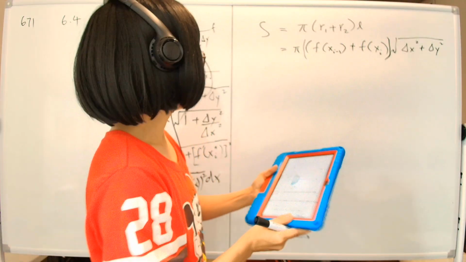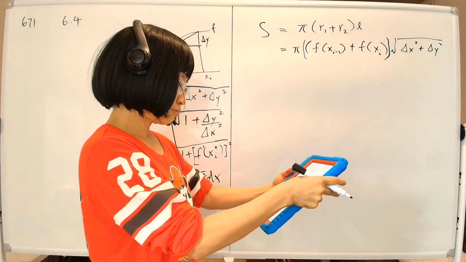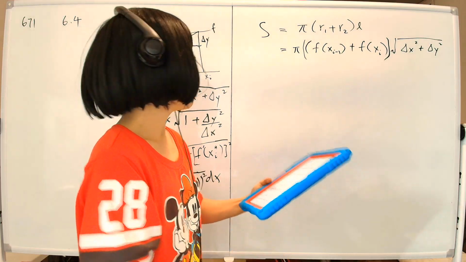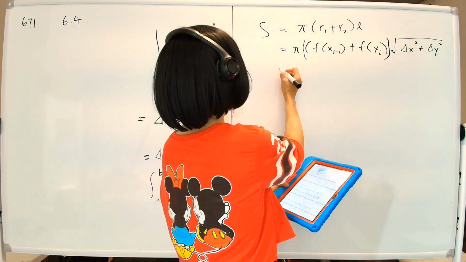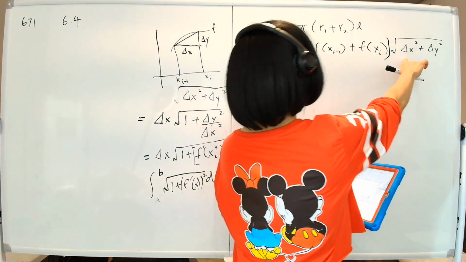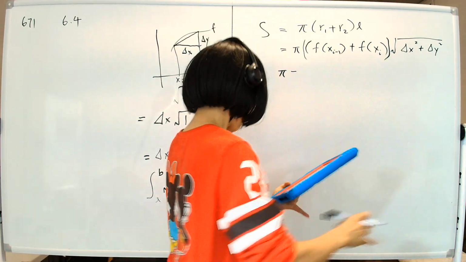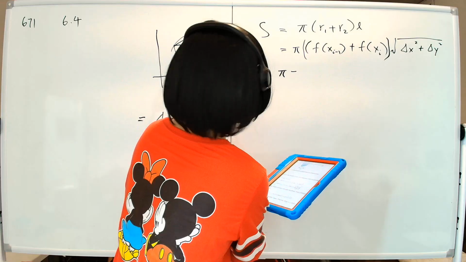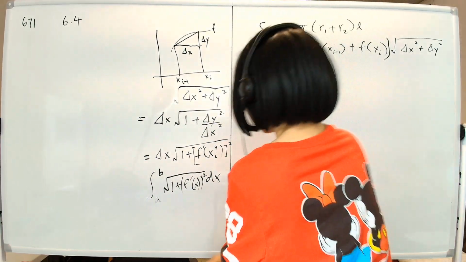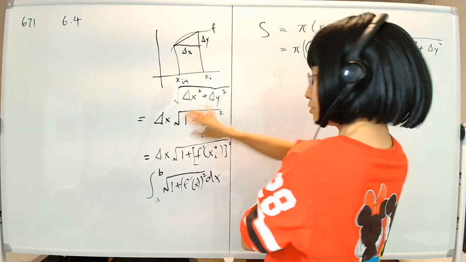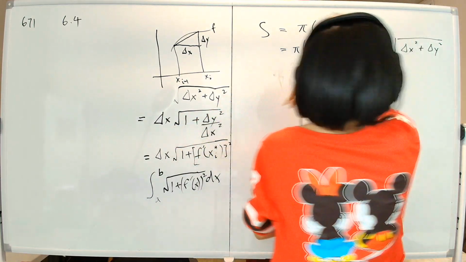And anyway, once we've done that, the rest is just some algebra manipulation. So just like before, this part here turns into this thing right here, the exact same thing.